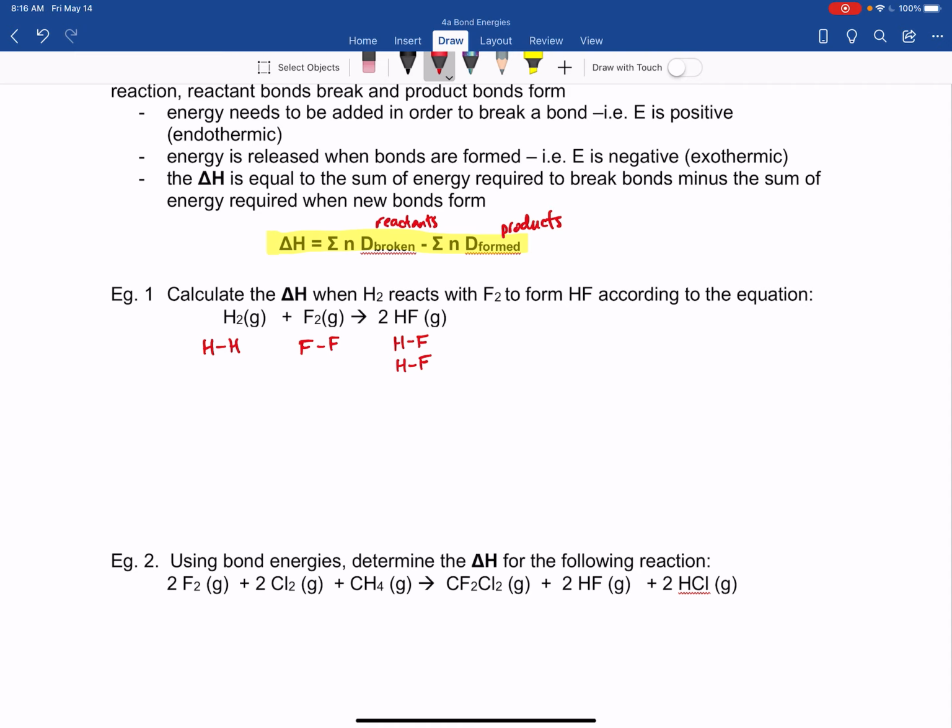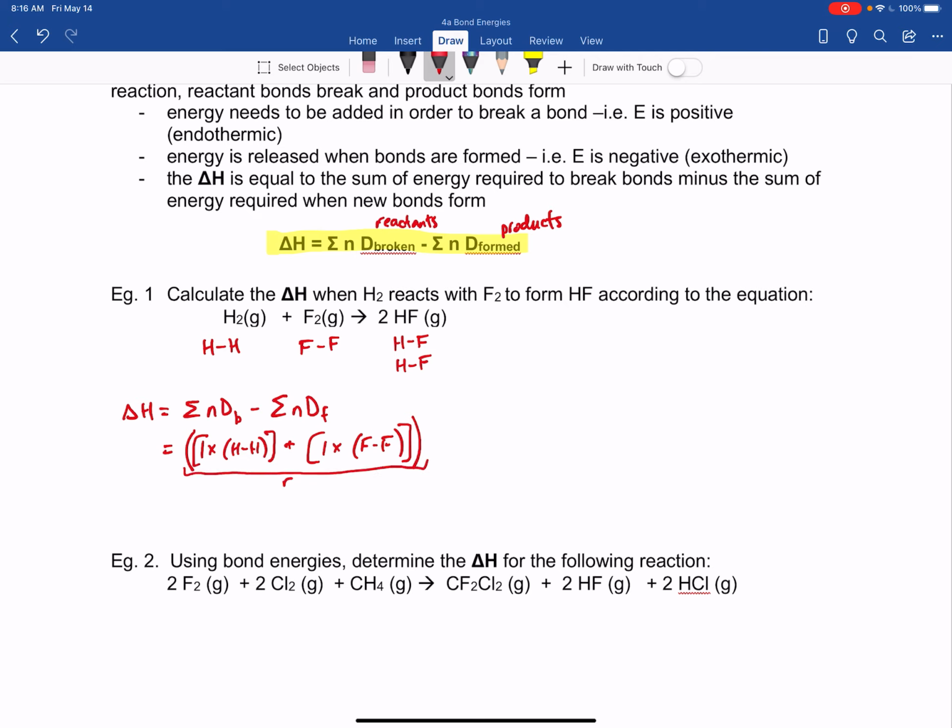So as a calculation, we can say this: delta H is equal to the sum of the bond energies that are being broken minus the sum of the bond energies released from the formed products. Okay, so that's going to be equal to, we'll put big brackets here, 1 times a hydrogen bond, and we'll put square brackets around that, that's one reactant, plus, we'll use square brackets again, 1 fluorine-fluorine bond, and that's all of our reactants, so we'll close our brackets here.